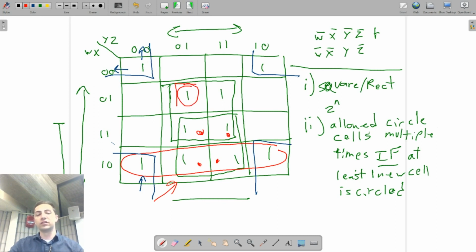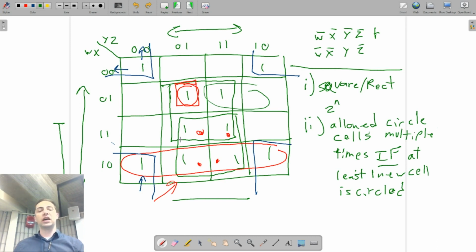An implicant, let's actually just go back here. An implicant is any cell that is allowed to be circled. So this right here, if I circled this cell, that's an implicant because everything that I've circled contains a 1. If I put a circle there, that's not an implicant because that's a 0. Okay? So an implicant isn't all that useful in reducing things because it could just be a single 1.